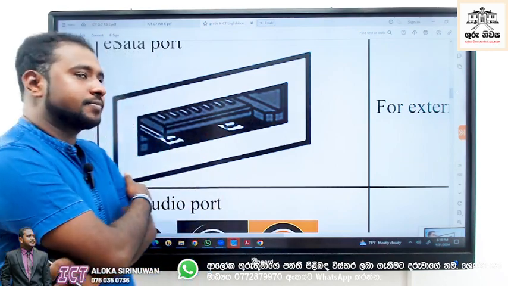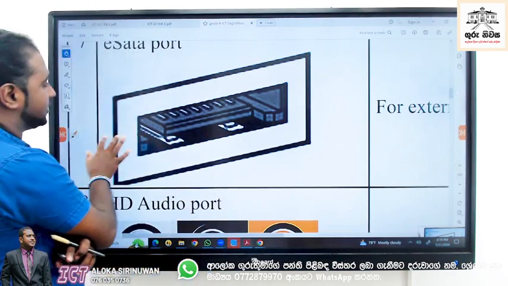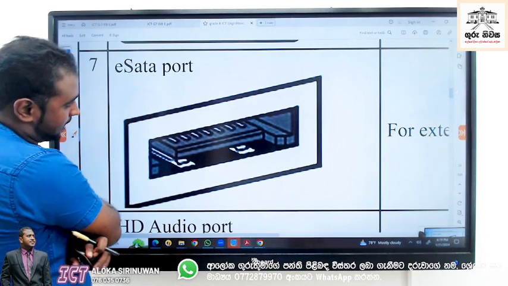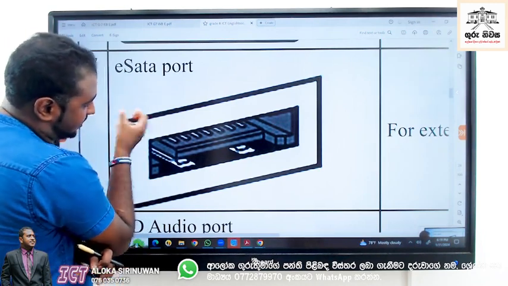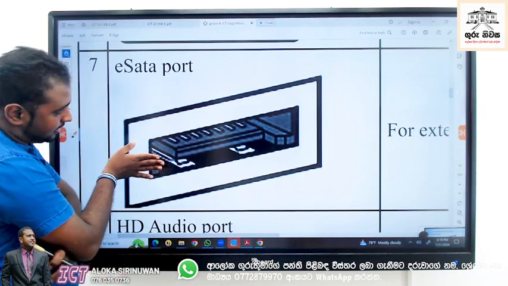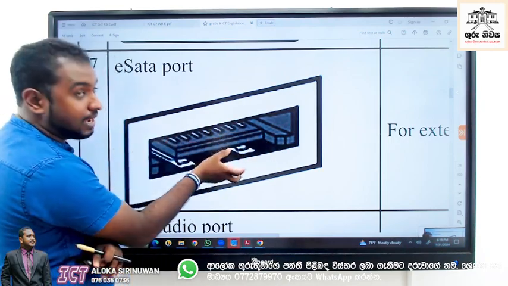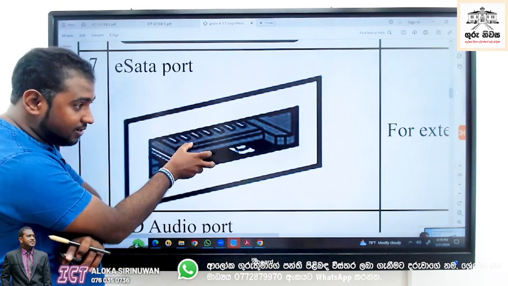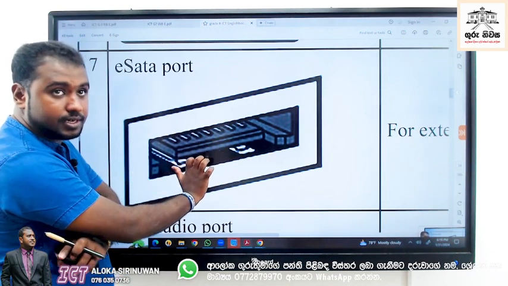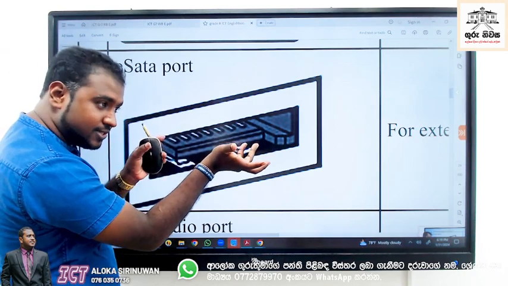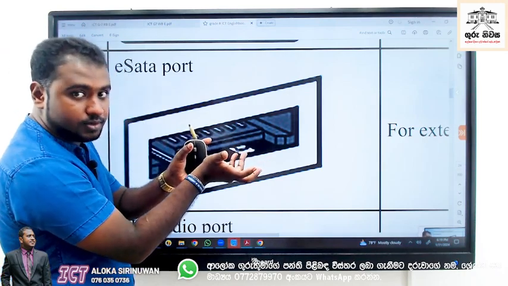එතකොට eSATA port එක. Okay. And it has a bit of a different kind of shape, right? eSATA port has a different kind of shape. You can see that it is flat. It has a flat plate, plastic, flat space. Understood? And which is connected to your hard disk perfectly, right?